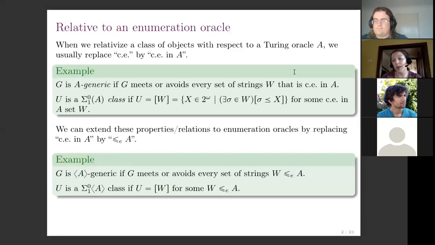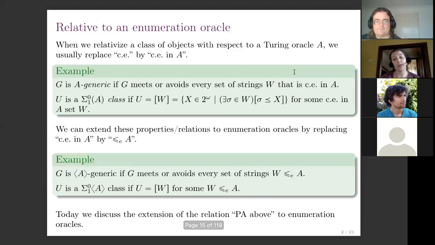And it surprised me later to find out that neither enumeration reducibility nor generic relative to enumeration oracle are standard and taught in every first computability course. And then Sigma^0_1 relative to enumeration oracle classes, we used those with Joe to study a notion of randomness relative to enumeration oracle. Maybe some of you have heard me talk about that, or him.